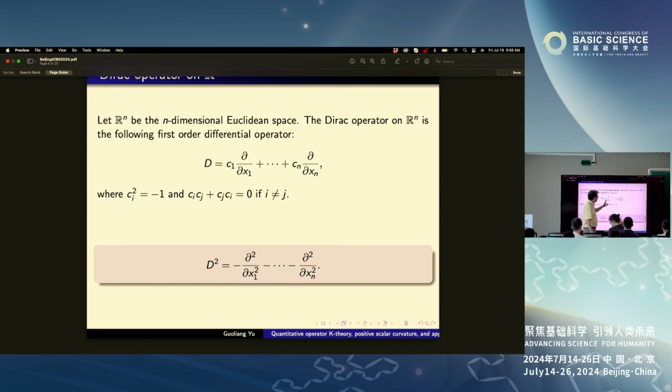For example, in dimension 2, you can pick these two matrices: one is like i, -i, 0, 0, and the other is like 1, 0, -1, 0. You can make a very explicit choice.